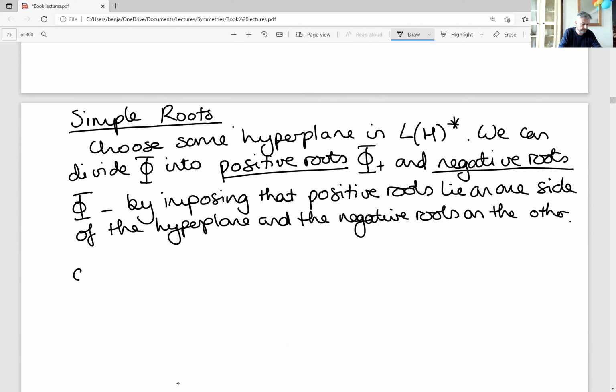So let's give an example. Alpha 2. So this is sort of a 3D example. Imagine that alpha 1 is going into the page, and perhaps we've got more alphas that we don't see, but I'm just going to plot the first 3. So now, typically, it's easiest if we put the hyperplane through the origin.